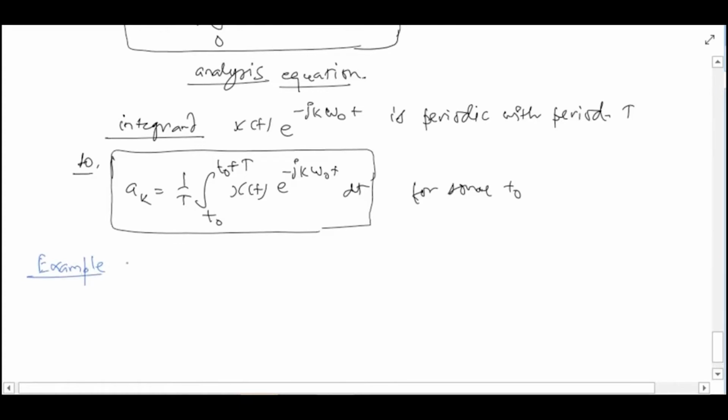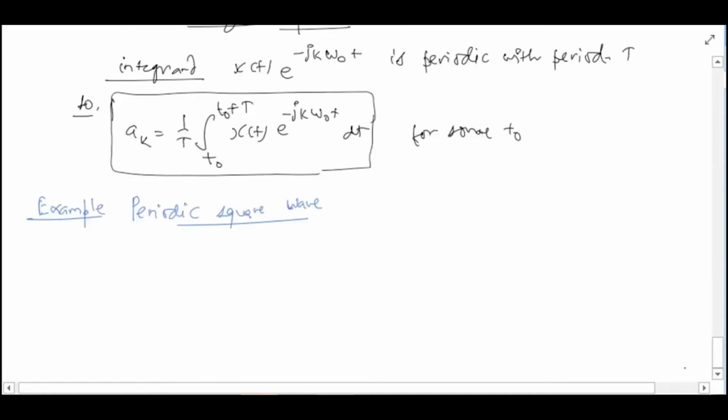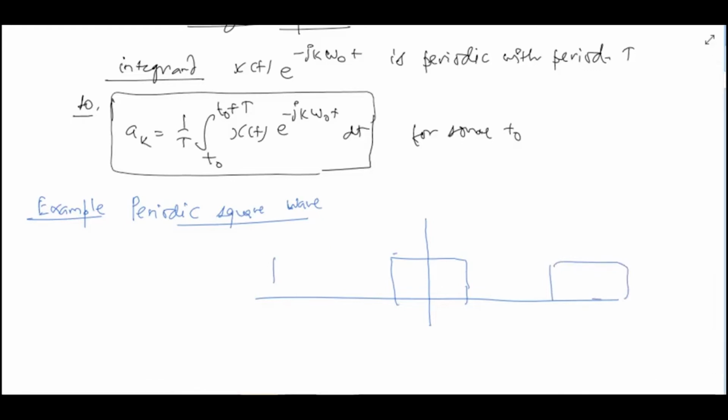So the example that we take is of a periodic square wave. So here is the example. It's a square wave with period T. So this is 0, T, minus T, and the square pulse width is 2T1.